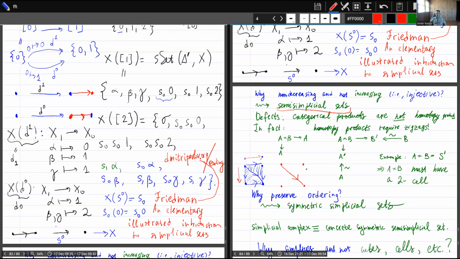And of course, if you try to encode desired products in this context, you will have to do something called homotopy products.